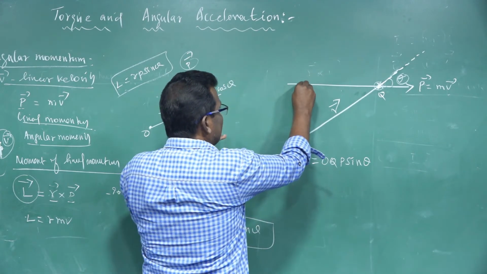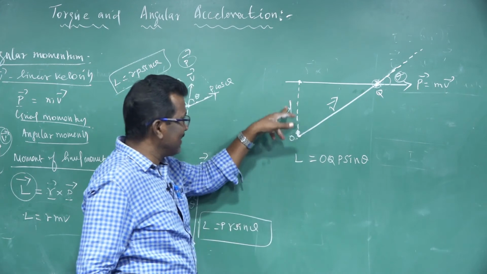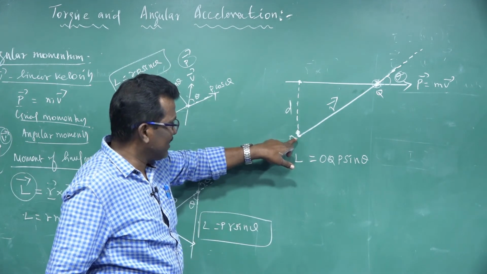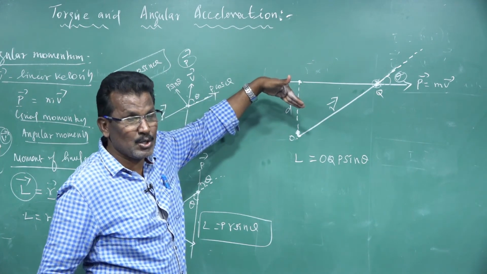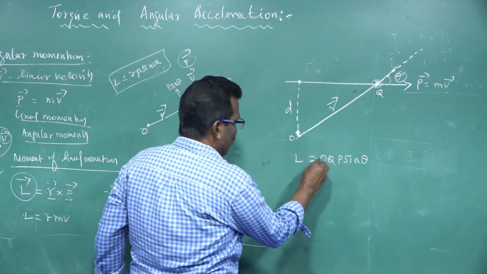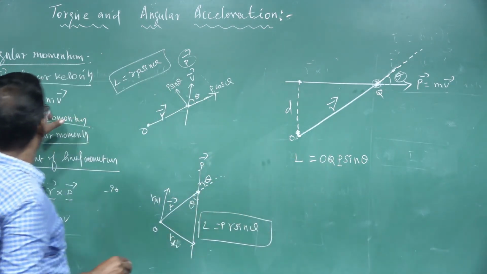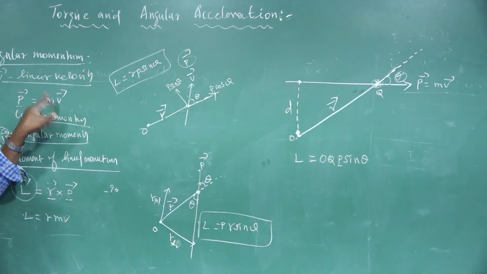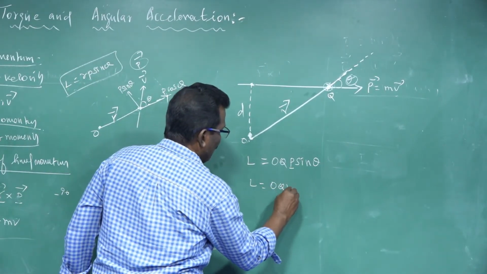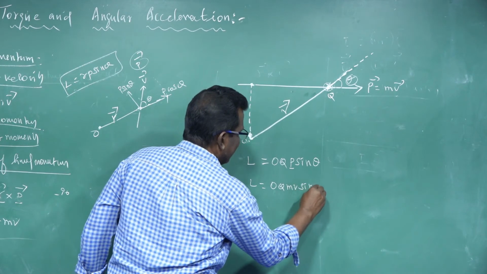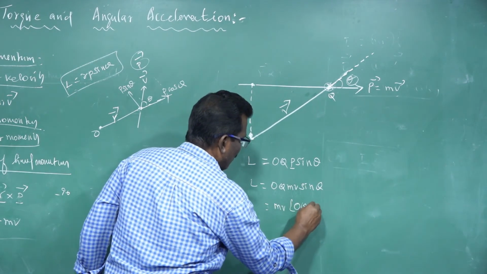The perpendicular distance from the point O to the straight line path is d. What is p? p equals m v, the momentum. So L equals OQ m v sin theta, or m v OQ sin theta.